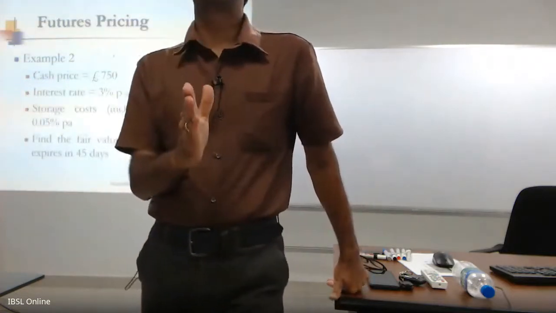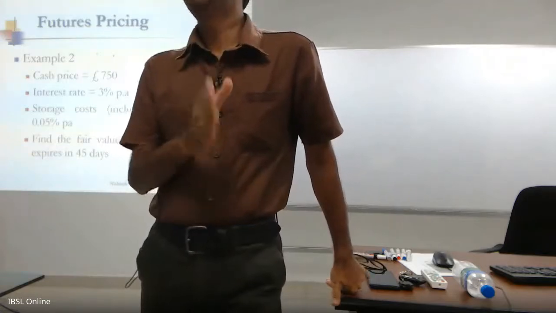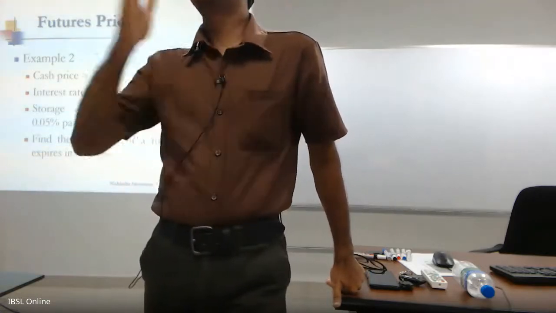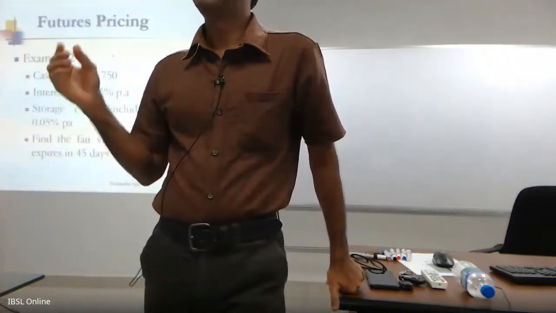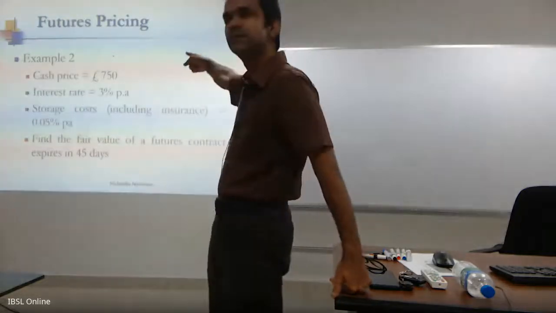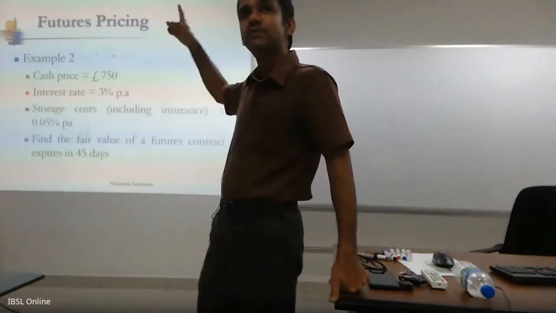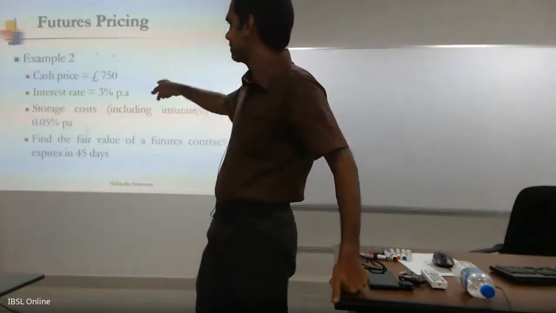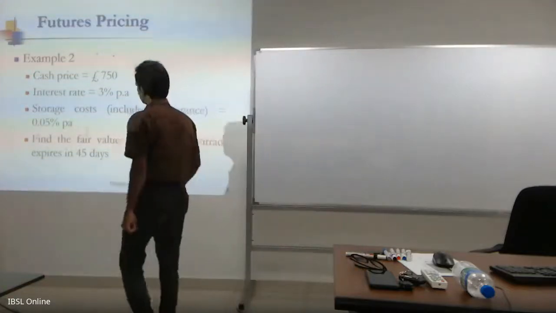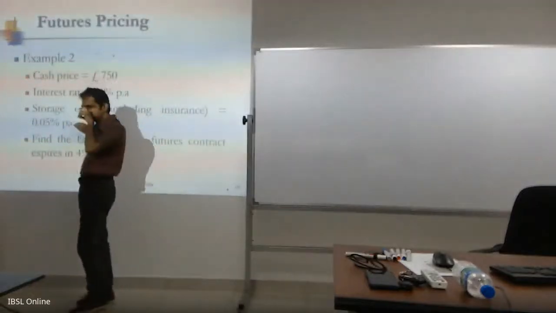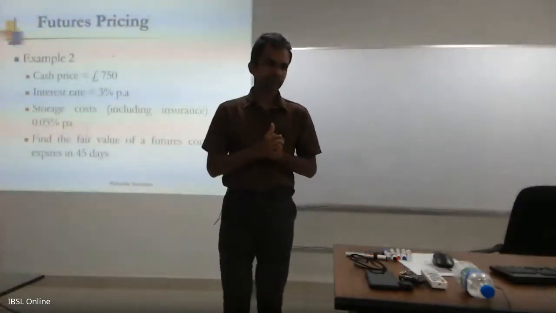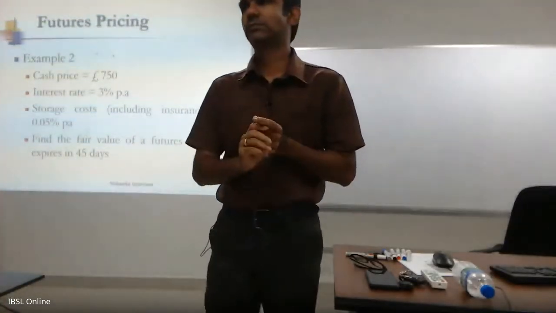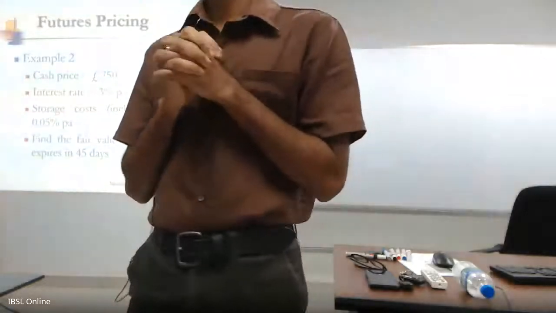If it is a lump sum amount, then you have to worry about the timing. When do you pay? Whether you pay at the beginning or at the end. If you pay at the beginning, then you have to add that to the cost and calculate the interest expense on that. In this case, you don't have to worry about the interest on this. Here we assume this is also a sort of interest expense.